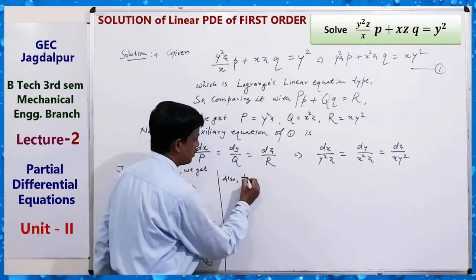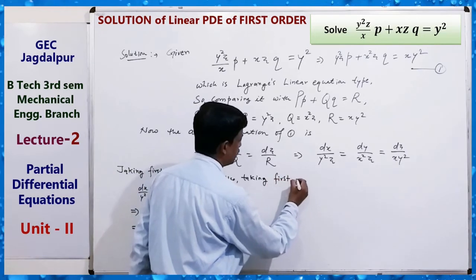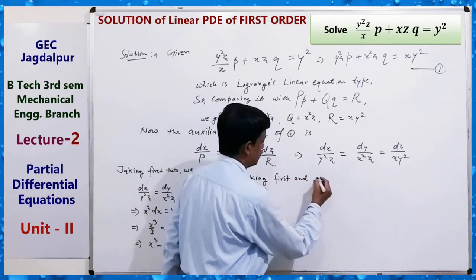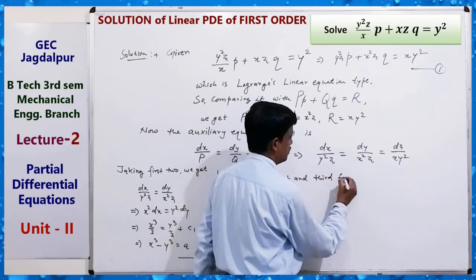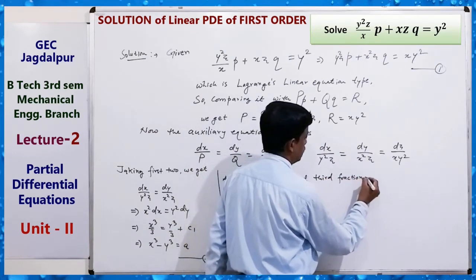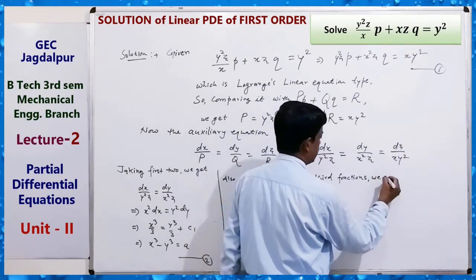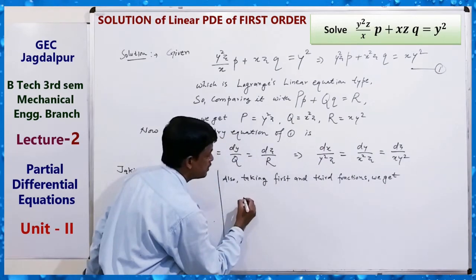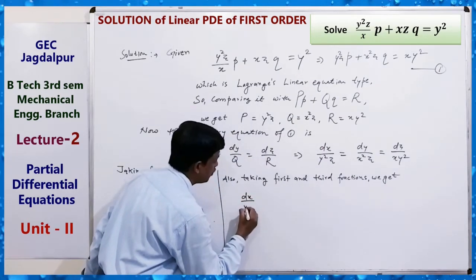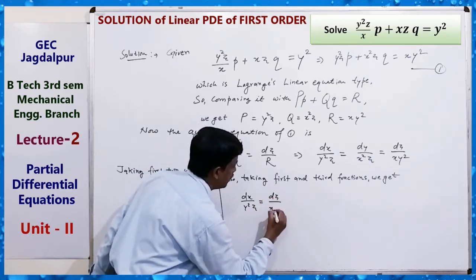Also taking the first and third fraction, because y square will be cancelled, we get dx upon y square z equals dz upon x y square.